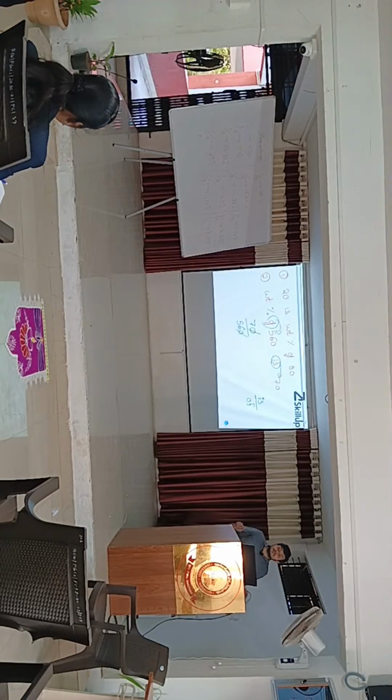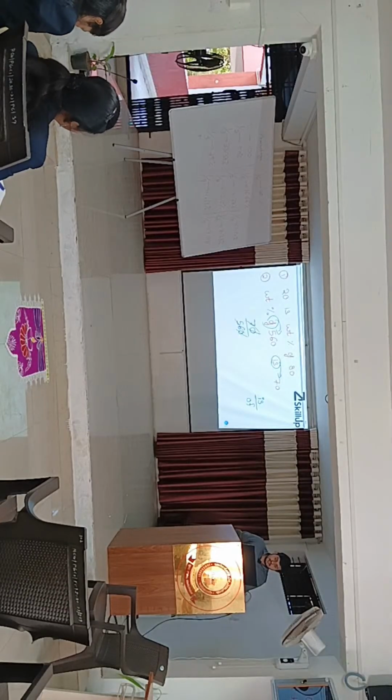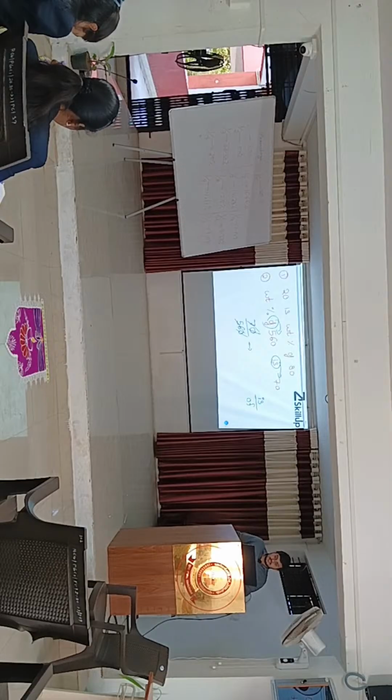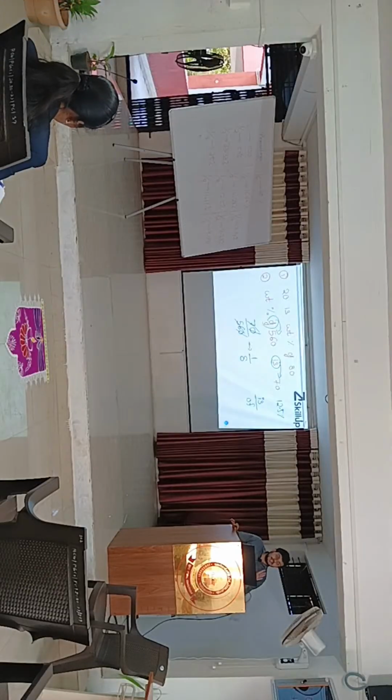So cancel. In the 7 table, 56 comes. 7 eights are 56. So 1 by 8. What is 1 by 8 in terms of percentage? 12.5%. I hope you are understanding this.